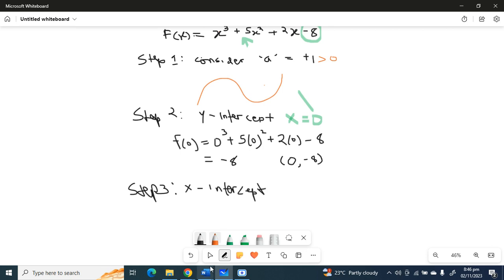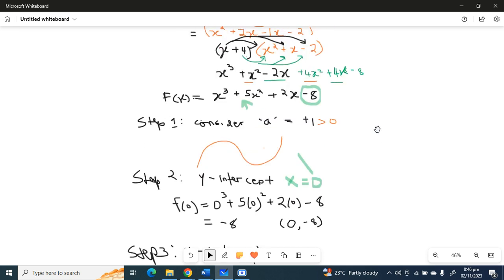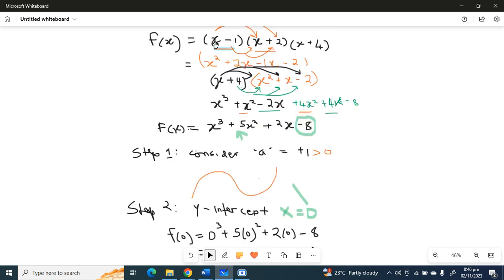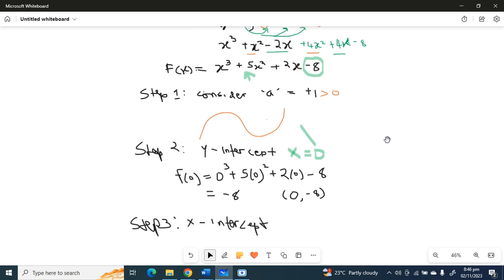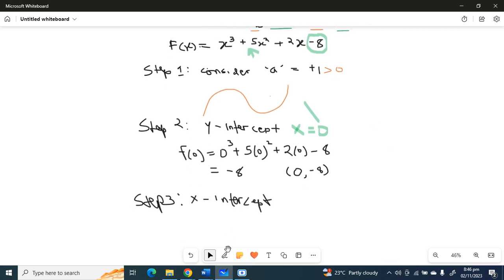But for us, we already started the question with the linear factors of this cubic function. So these linear factors, x minus 1, x plus 2, x plus 4, you equate all of them to 0. And then you get the values of x. So we say x minus 1 equals 0. x, is it x plus 2?